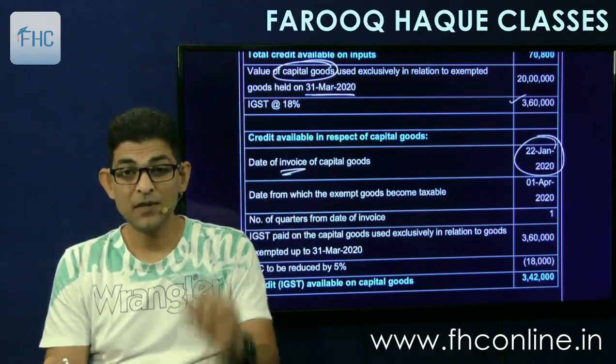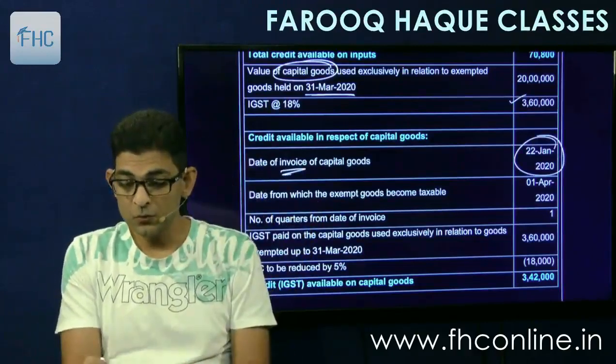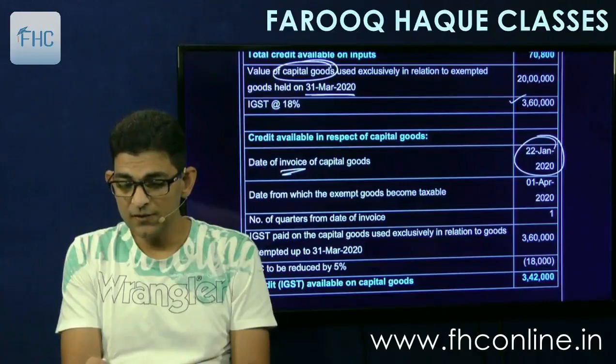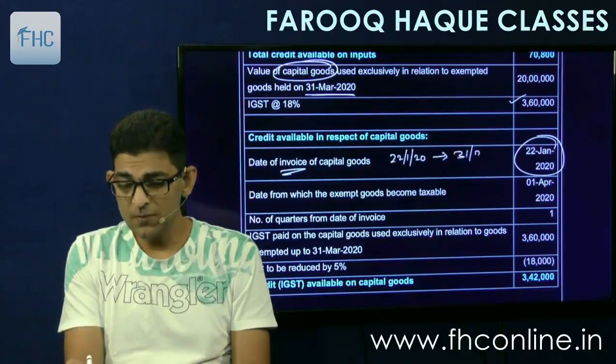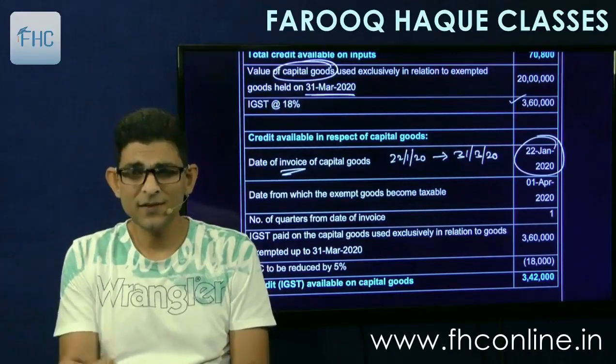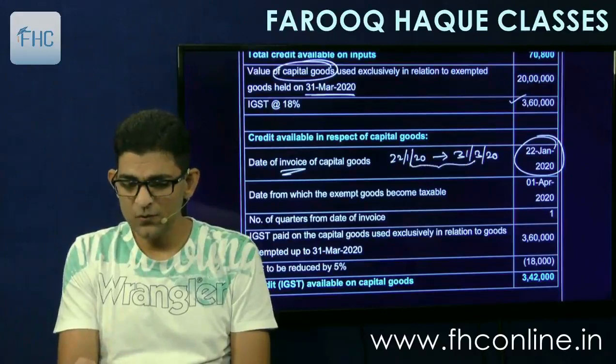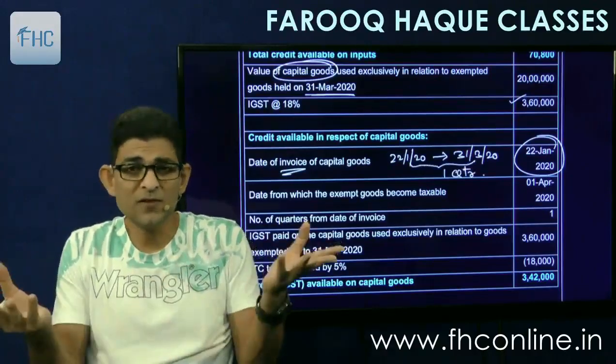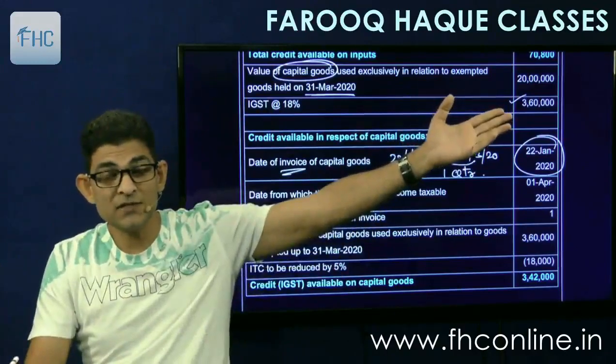So how we'll have to calculate the quarter. So 22nd January 20 to 31st March 20. This makes it only 1 quarter, right? This falls within 1 quarter. So what you have to do is very simple. You have got 3,60,000 IGST.